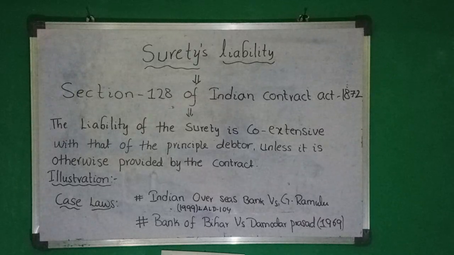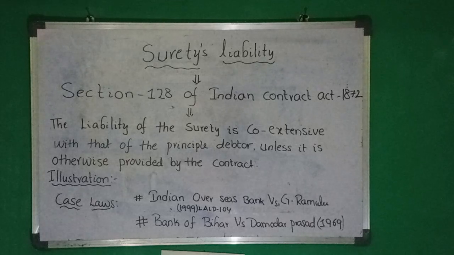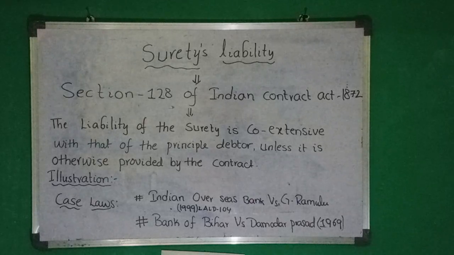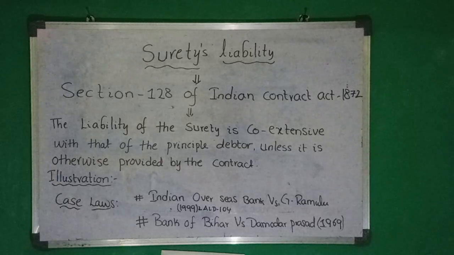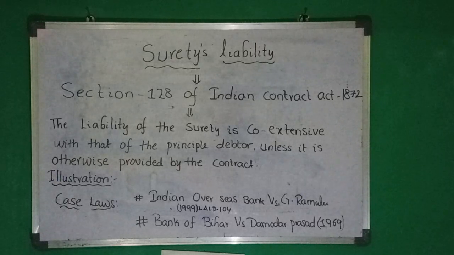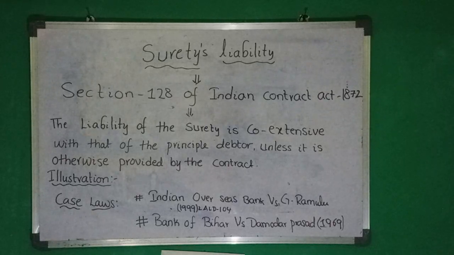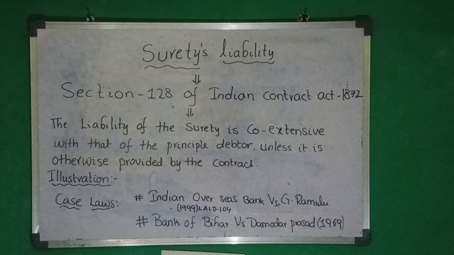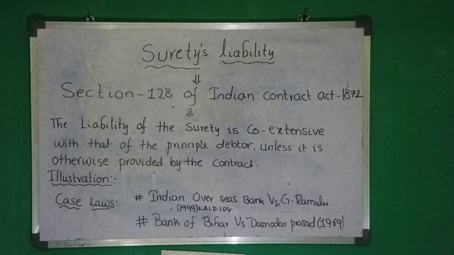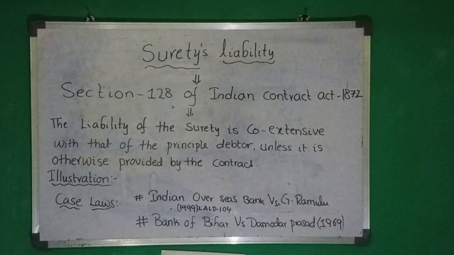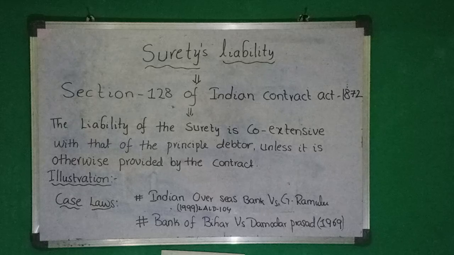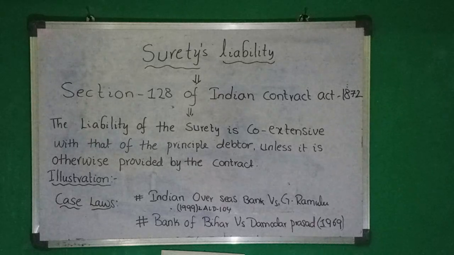The fundamental principle about the surety's liability laid down in section 128 is that the liability of the surety is coextensive with that of the principal debtor unless it is otherwise provided by the contract.